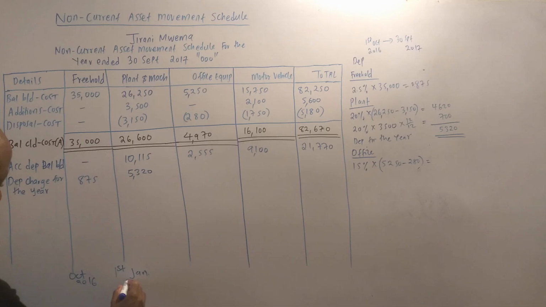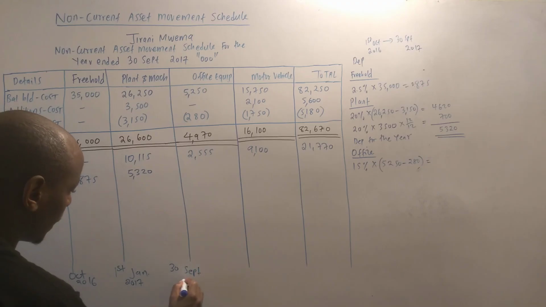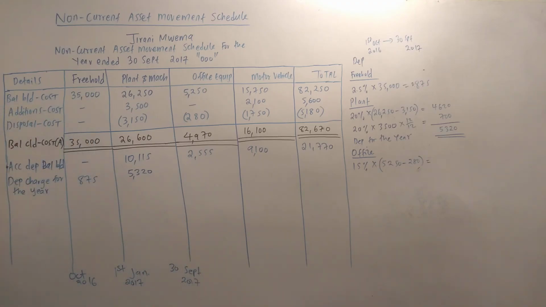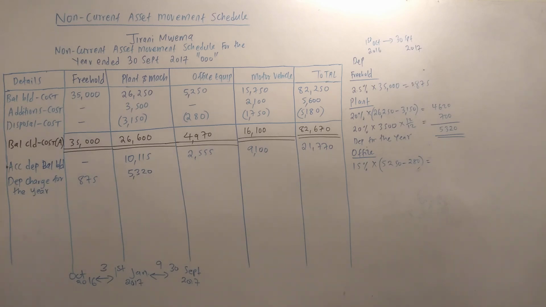This one January 2017. Then it ends on 30th September 2017. Now 1st January, so October, November, December. So this one is 3 months, and from this part is 9 months.